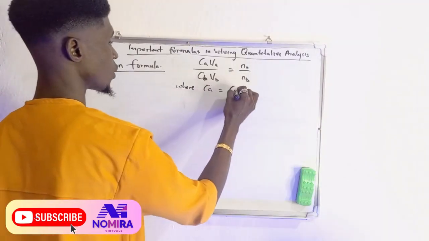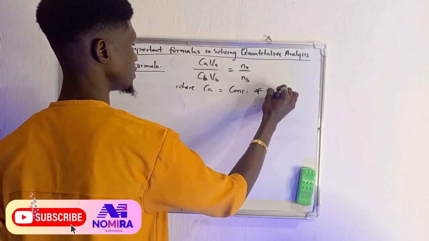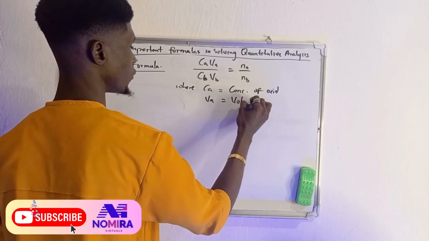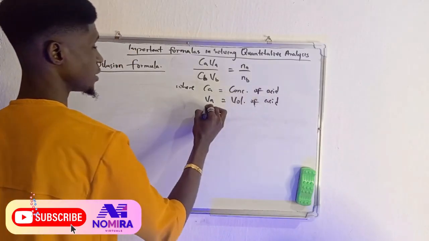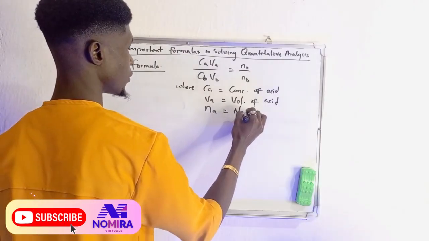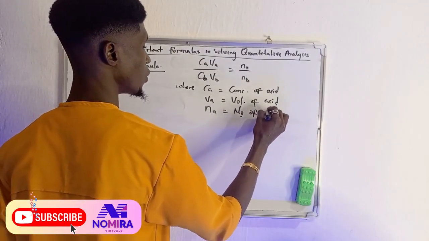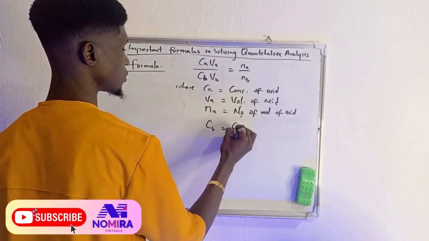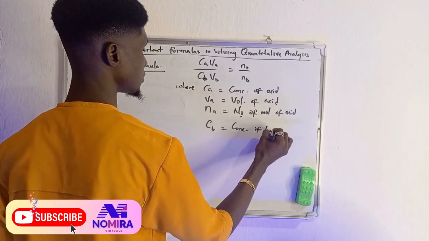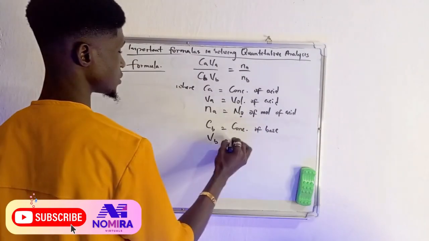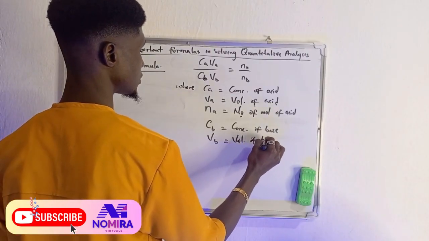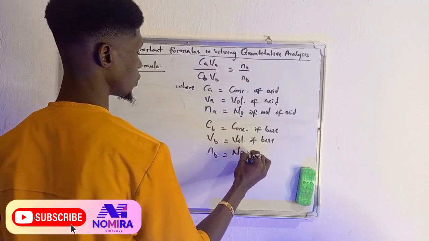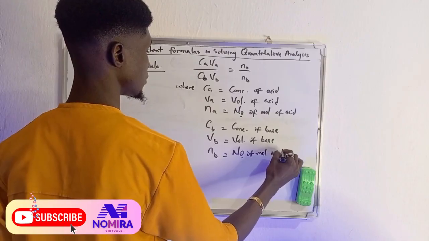Ca is the concentration of acid, Va is the volume of acid, Na is the number of mole of acid, Cb is concentration of base, Vb is the volume of base, and finally Nb is the number of mole of base.